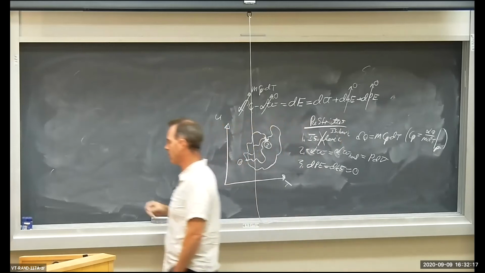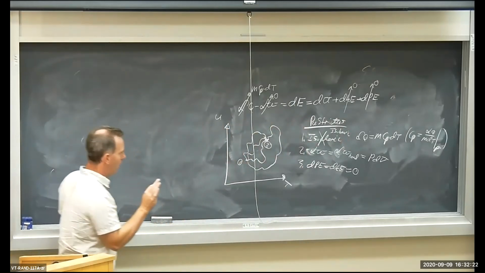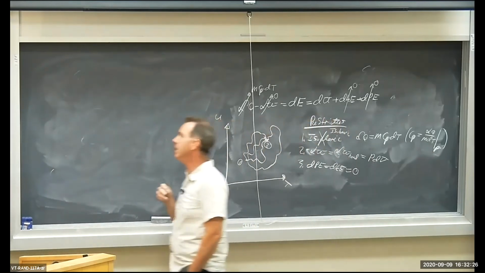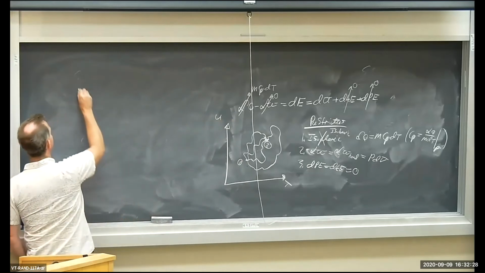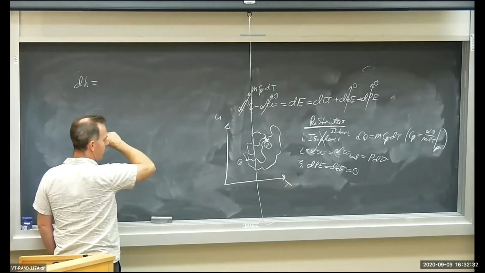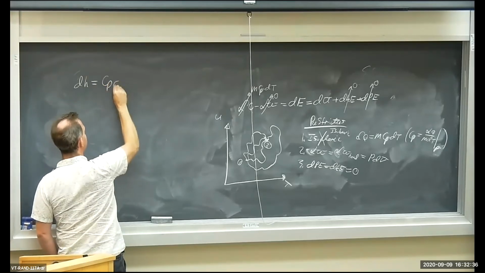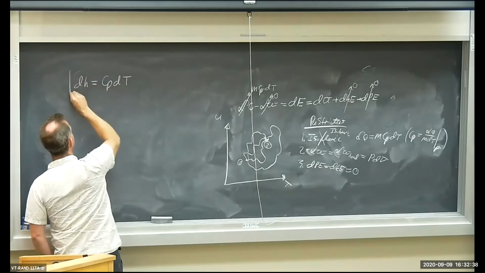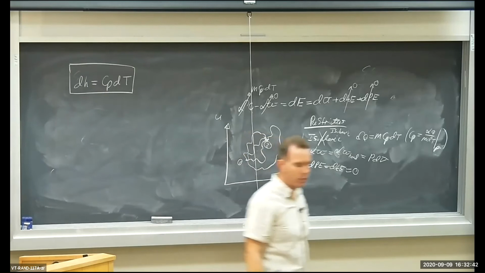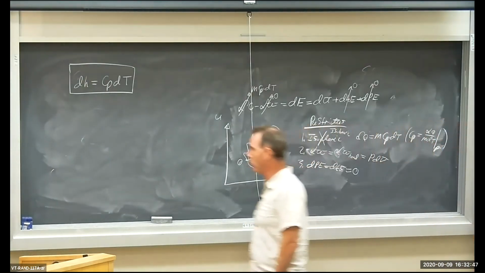Do the same exact derivation. I will have a boundary work term. It'll have a PdV in there. And I'll end up with the dH property relationship. The differential change in enthalpy is equal to the specific heat at constant pressure times the differential change in temperature. Box that up. The same restrictions apply to this equation as they do for the du equation.